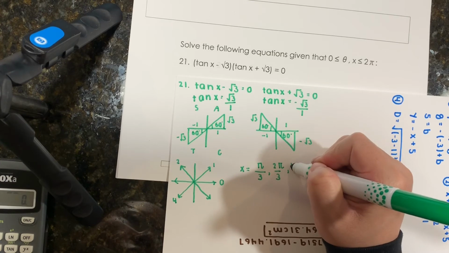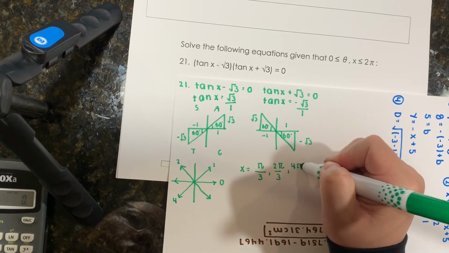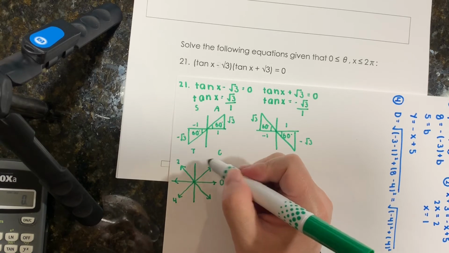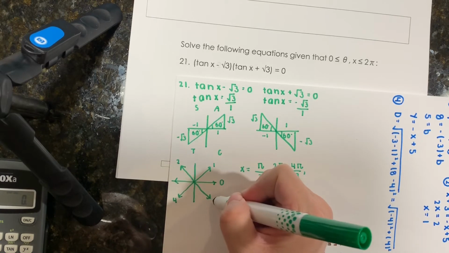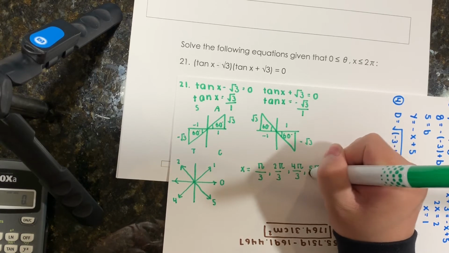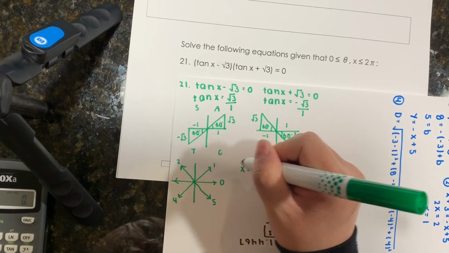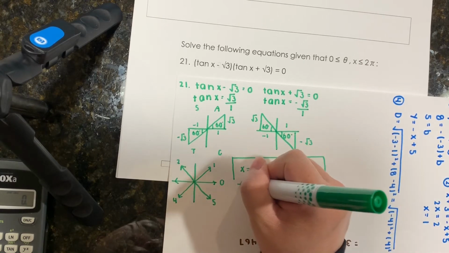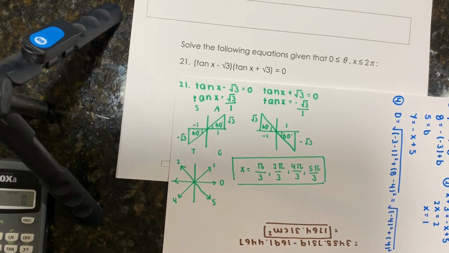So that would be 4 pi over 3. And the final one would be 0, 1, 2, 3, 4, 5. And that last answer would be 5 pi over 3. So I went through and used my snowflake chart and then just counted around. And that gives us our coefficient for pi for each one of those.